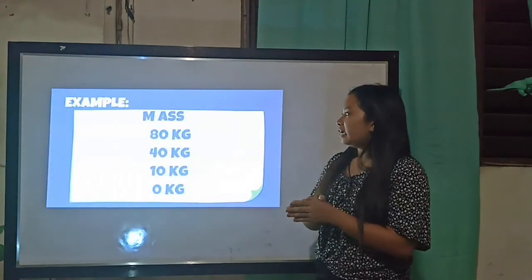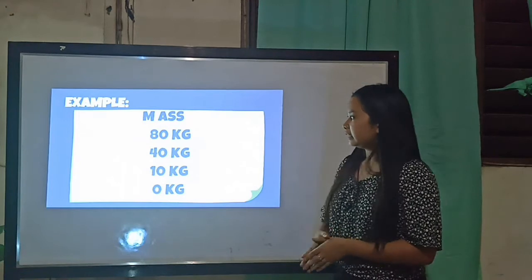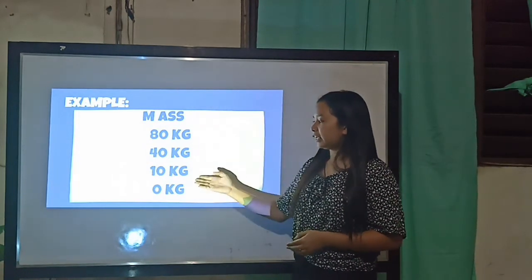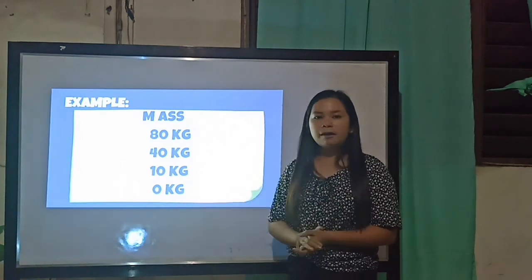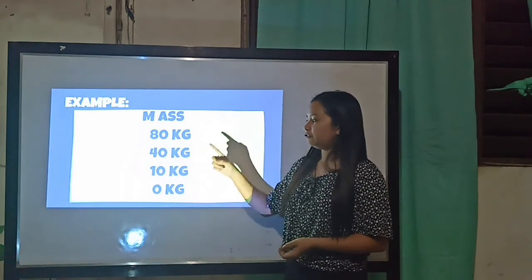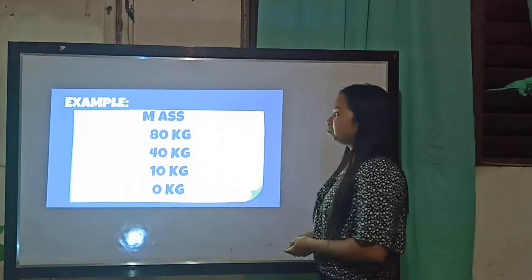So, example of ratio is mass: 80 kilogram, 40 kilogram, 10 kilogram, and 0 kilogram. The variable here is mass, and the data is 80, 40, 10, and 0 kilogram.